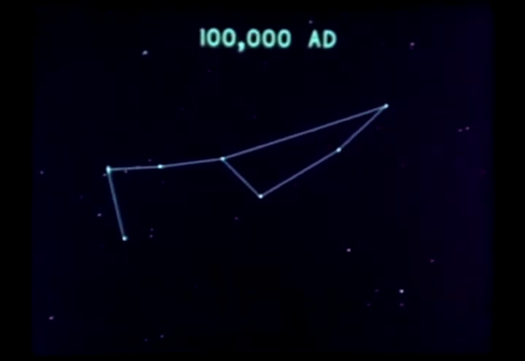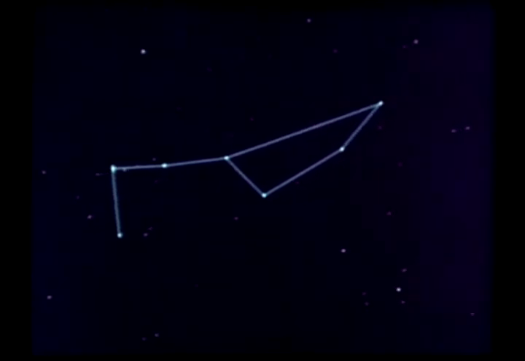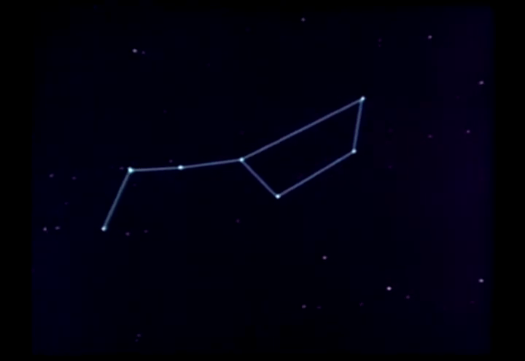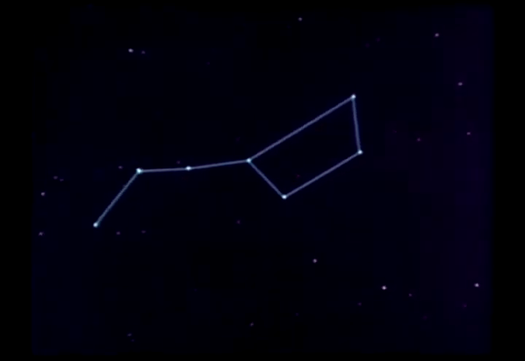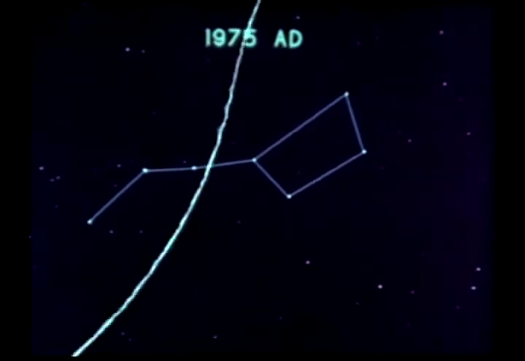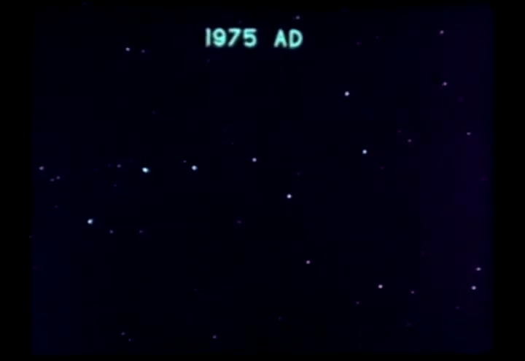Now let's move back to the present time. This is called proper motion. All stars, including our sun, are moving through space with various speeds in various directions.